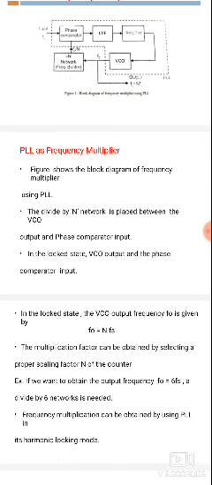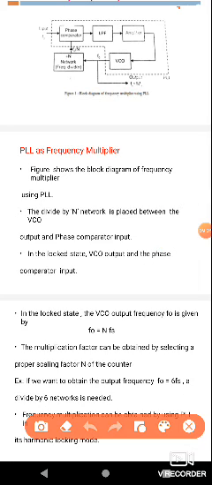The frequency multiplier block diagram mainly consists of the comparator, low pass filter, amplifier and VCO, and the main addition is the network frequency divider. Here the divide by N network is placed between the VCO output and the phase comparator input.